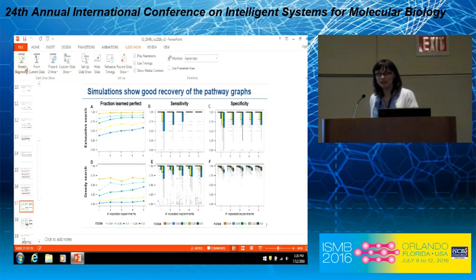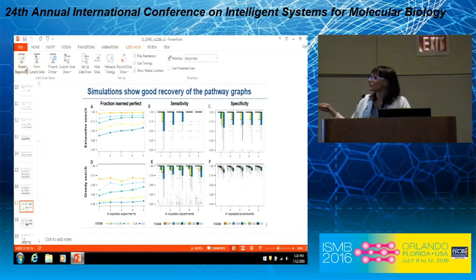Blue is very large noise. The first row stands for when we do exhaustive search, and the second row when we do greedy search. Here I show the fraction of pathways that we learned perfectly, meaning we learned all the edges and we didn't add any false edges. And we actually learned the pathways perfectly for low noise.